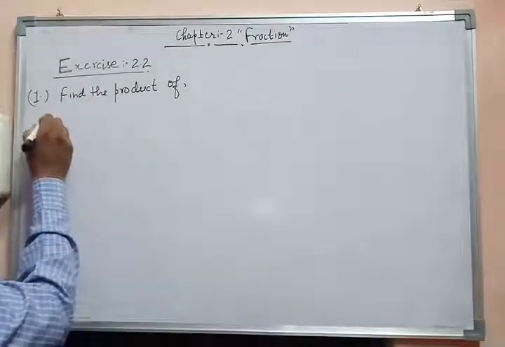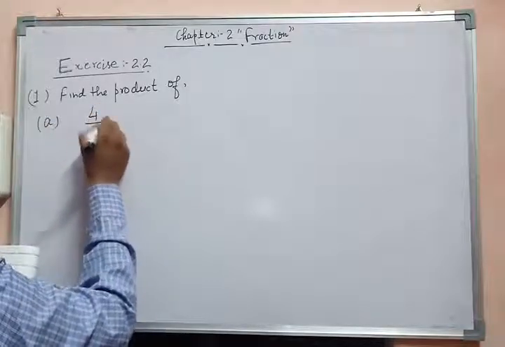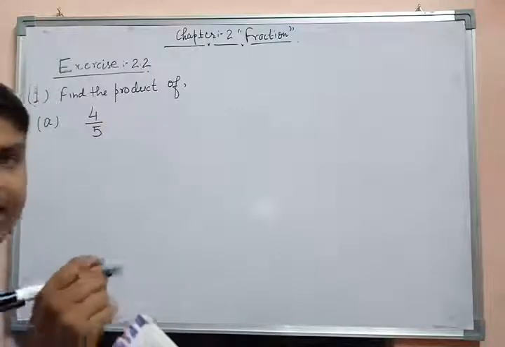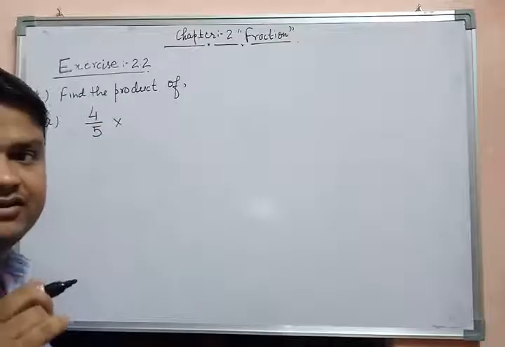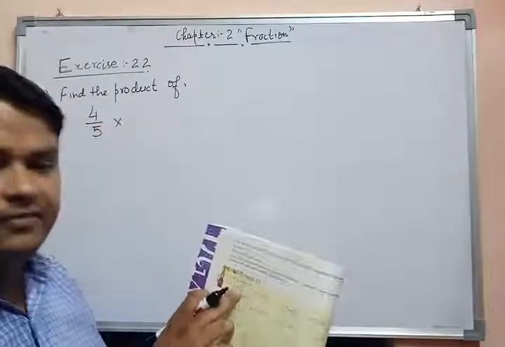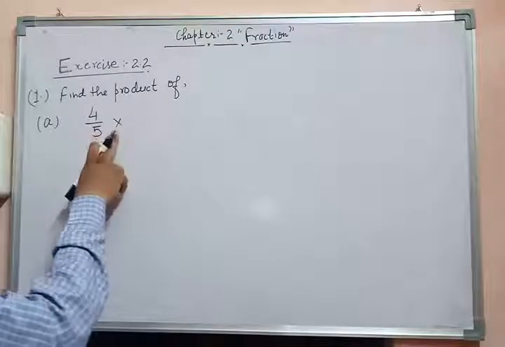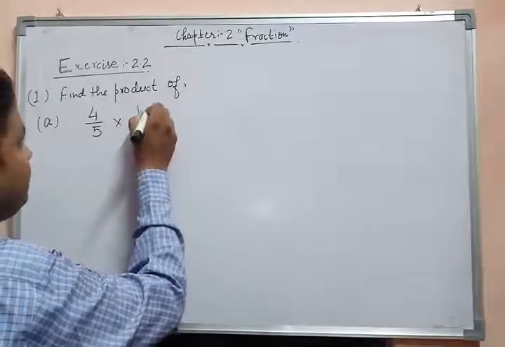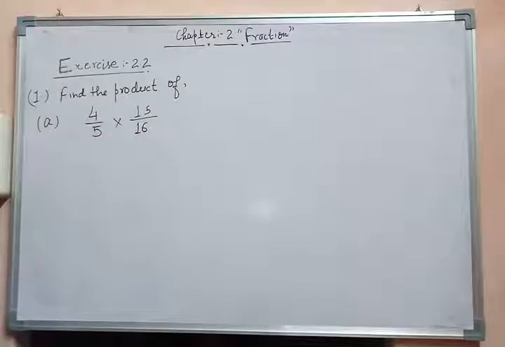First question is 4 upon 5 and, where you have to replace the word and with the multiplication operator. In this question it is given 4 upon 5 and 15 upon 16. Then you have to replace and by the operator and write 15 upon 16.